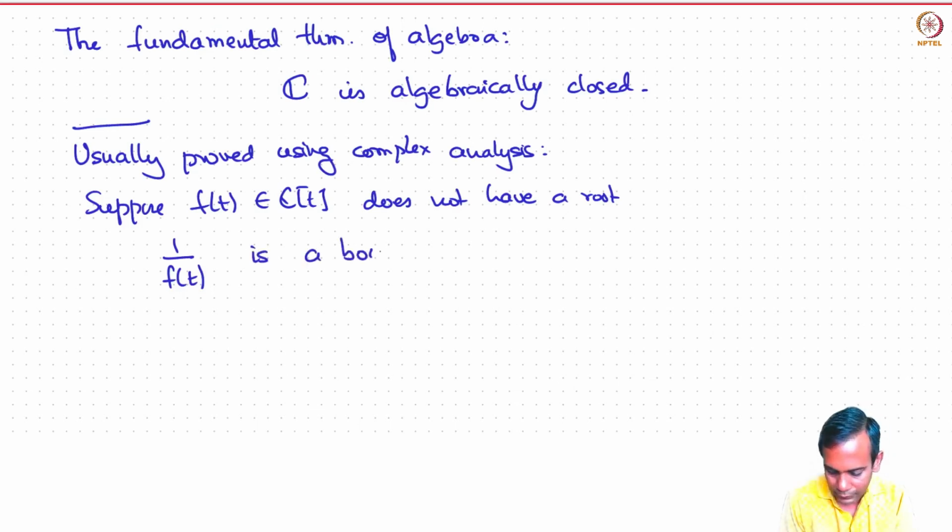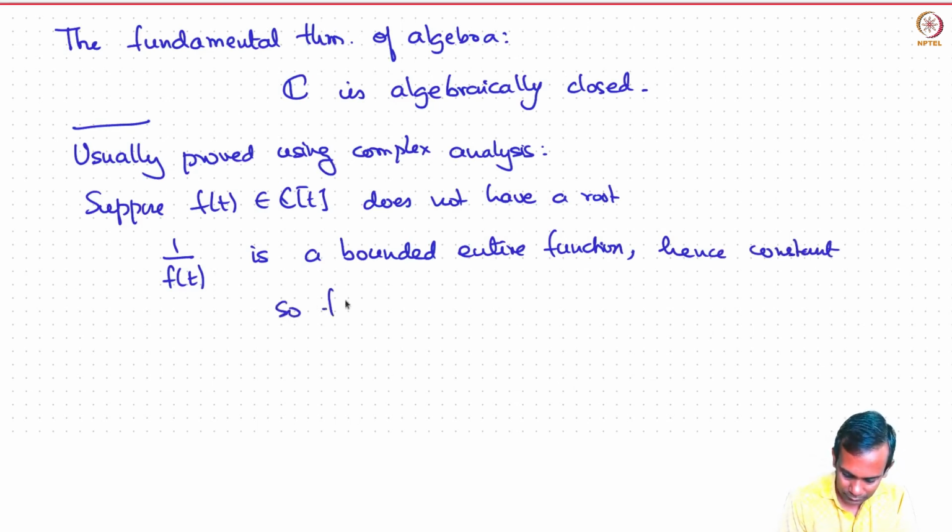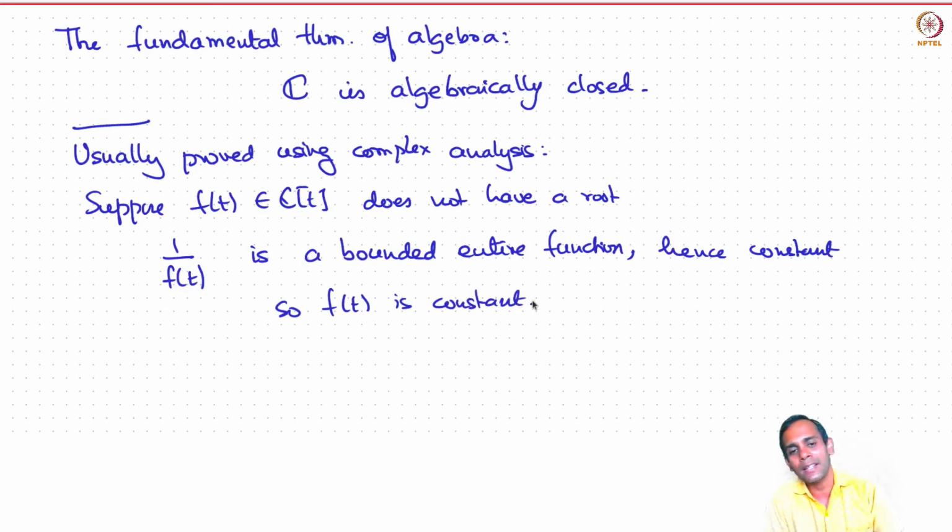You have to show this. And by Liouville's theorem, this has to be constant, which means that f(t) itself is constant. I'm just outlining this here. It's usually done in complex analysis courses.